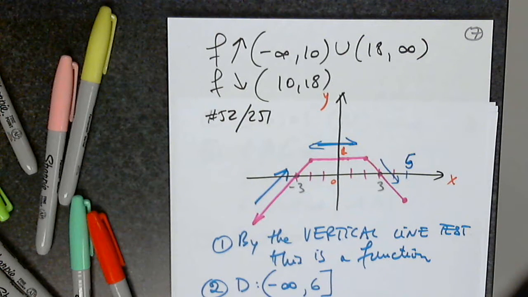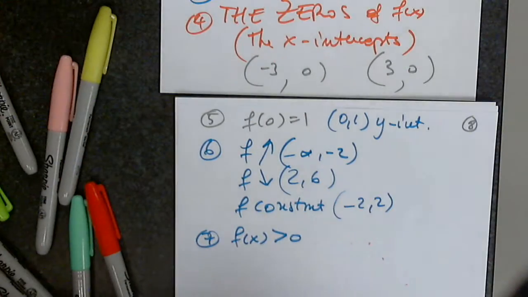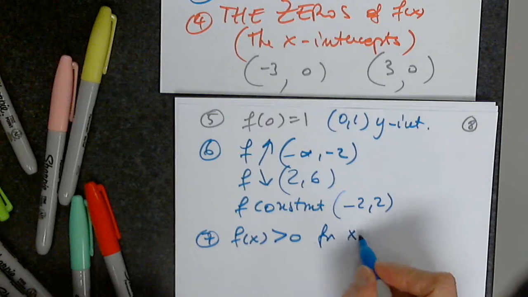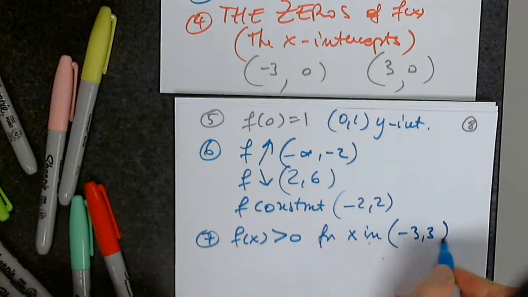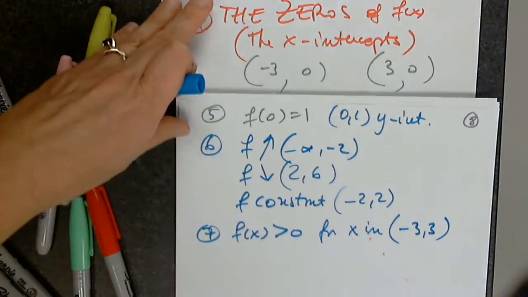Where do I see the graph being above the x-axis? So look at the graph and say the graph is above the x-axis between negative 3 and 3. Awesome. Without equal symbol. For x in the interval negative 3 to 3. Perfect.